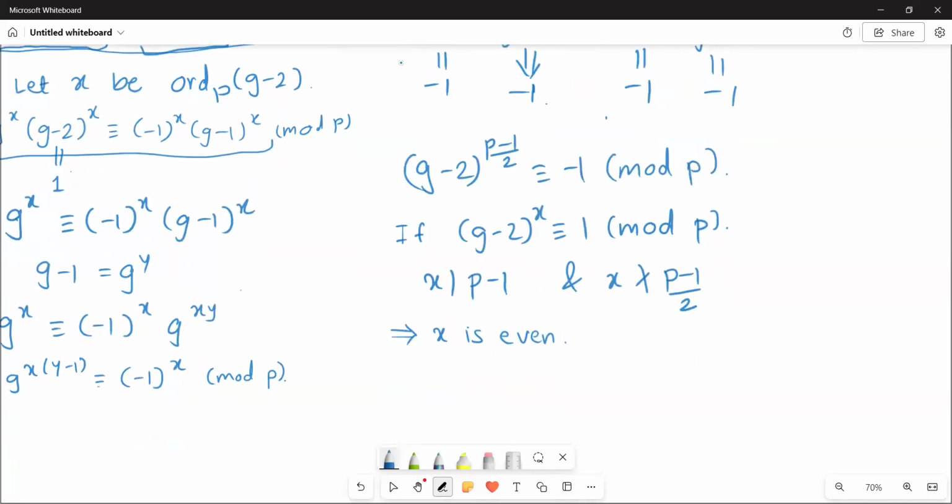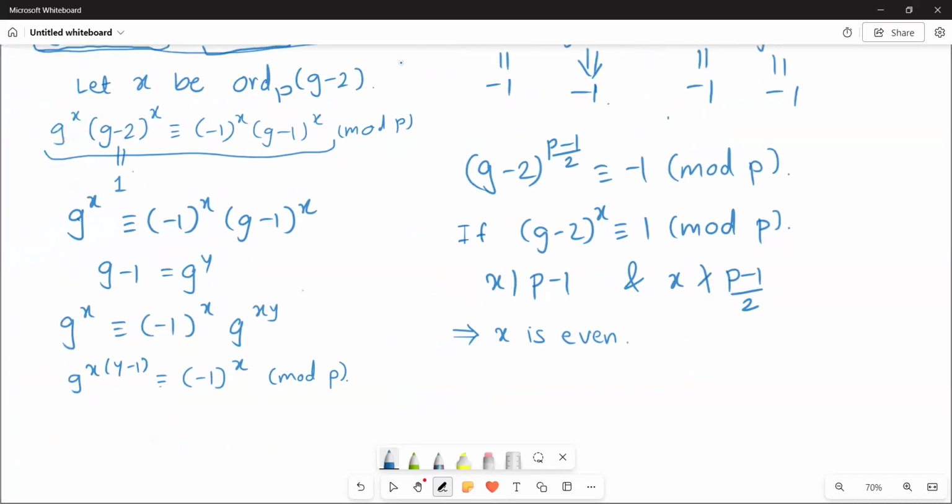Okay, so x is even, x divides p minus 1, x does not divide (p minus 1)/2, and we have something like this, that g to the power x times something is congruent to 1 mod p. Okay, so that just means x times y minus 1 is equal to p minus 1.